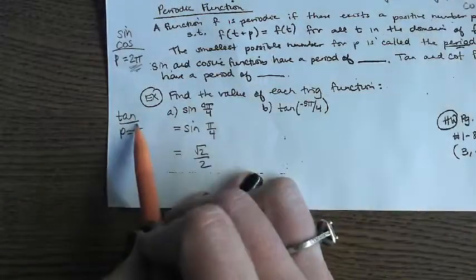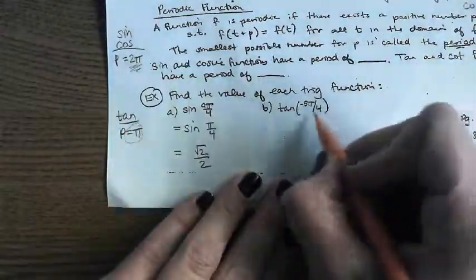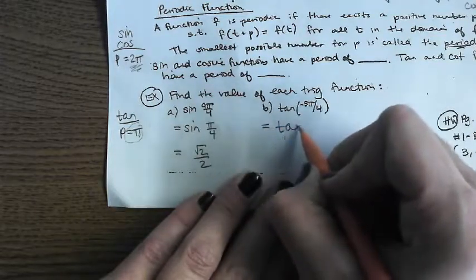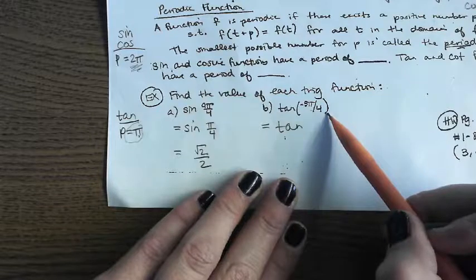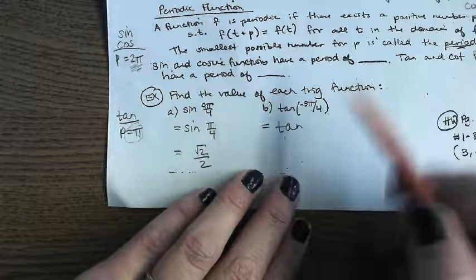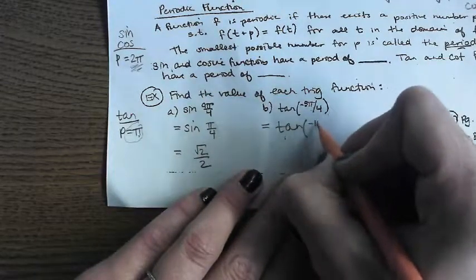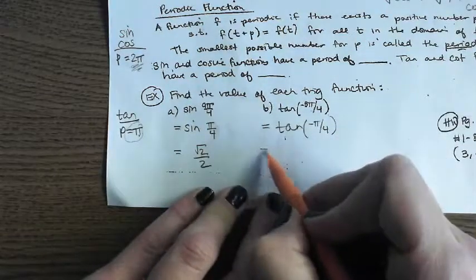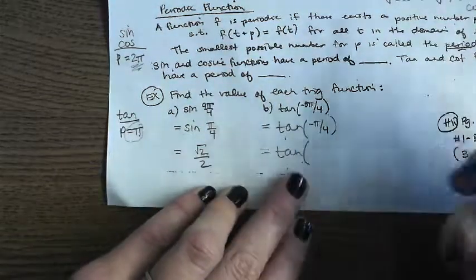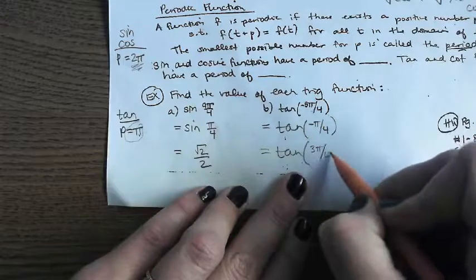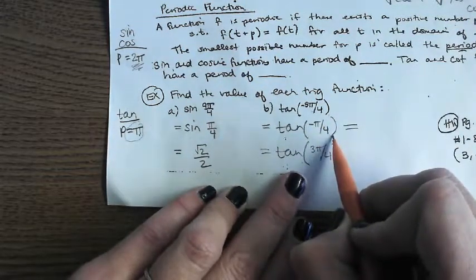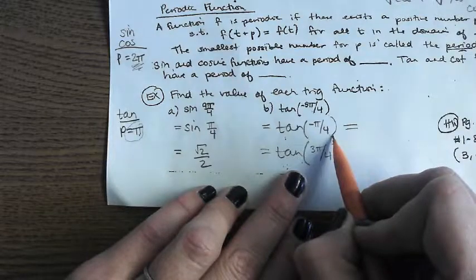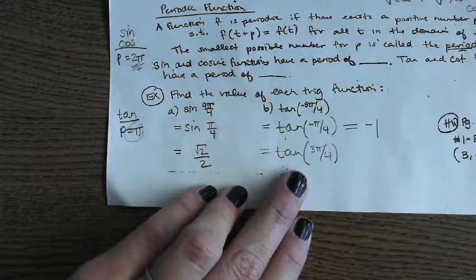Tangents have a period of just pi. So this is going to be equivalent, and I can just add back multiples of pi. So if I add back 4 pi over 4, I'm at negative pi over 4. Or I could add 4 pi over 4 in addition to that, but I would say we'll go with this one. The tangent of negative pi over 4, we already did on the front side, was negative 1.